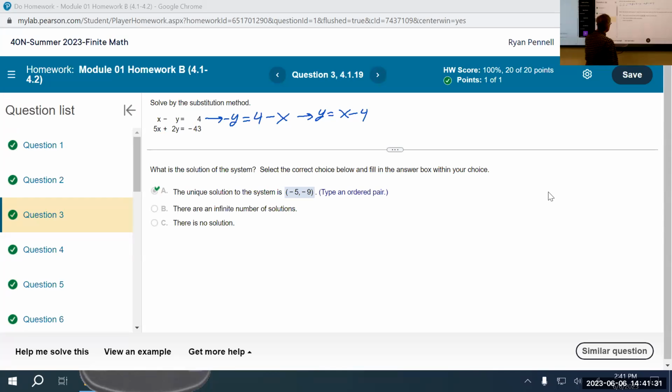I think I got that right. So I moved the x to the other side. That's negative y, so I'd have 4 minus x, but then I multiply both sides by negative 1. So I think I get y equals x minus 4.